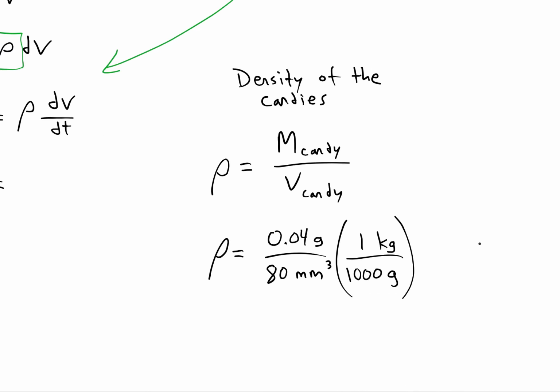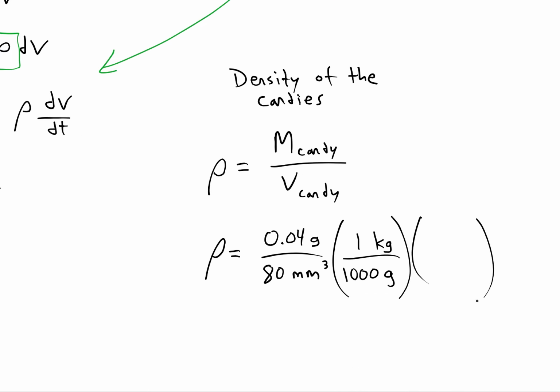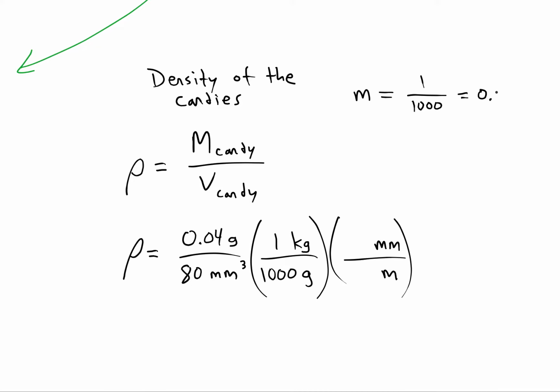But let's change the millimeters as well. We don't like those units at all. Put millimeters on top, meters on bottom. The prefix milli stands for 1,000th, which is of course 0.001.